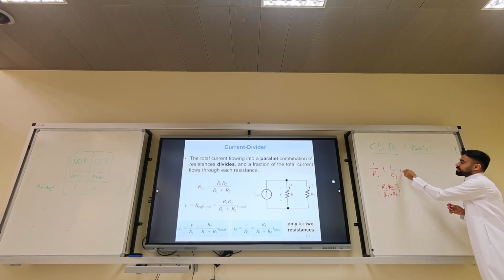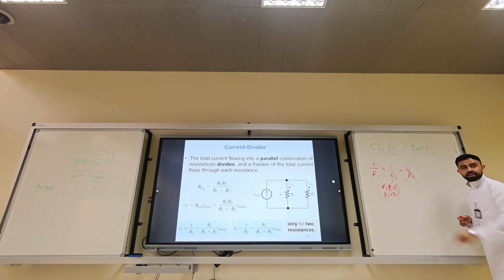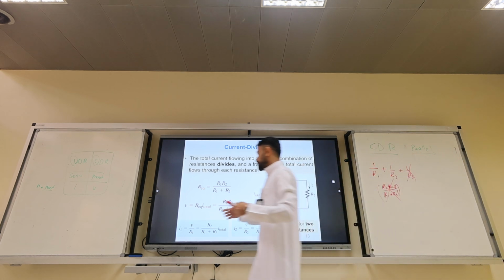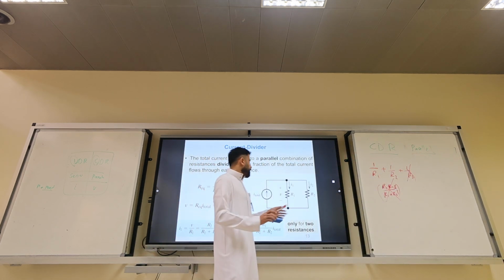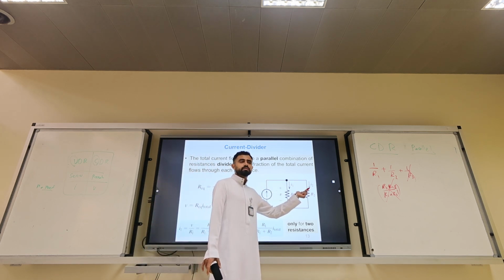But if you have R3, then this is not applicable. You can't add R3 here. If you have more than two resistances, then you have to use the other formula. But this one is used because we see a lot of the time only two resistors in parallel.